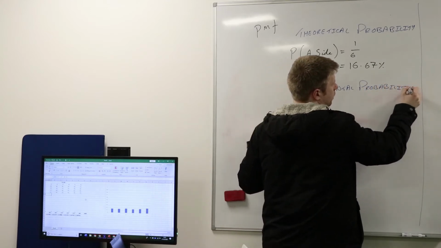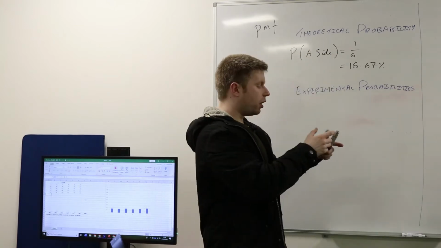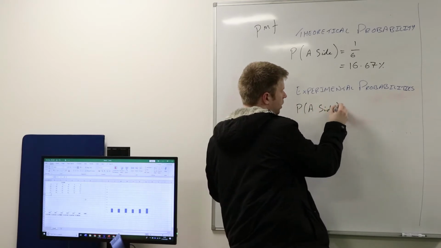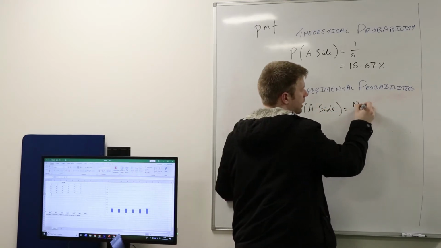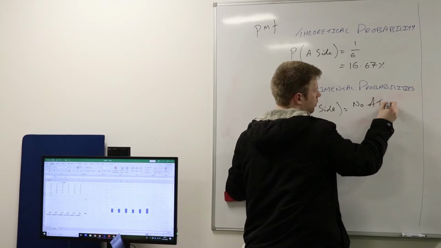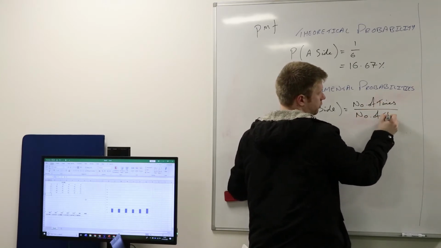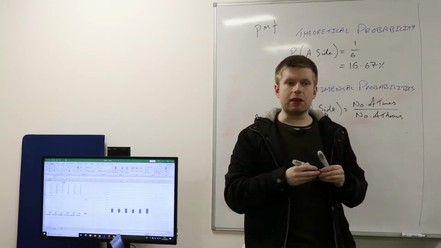Okay? And that is just simply worked out in the same kind of way. So we said, well, the probability of finding an outcome, so the probability of getting a side, should be the number of times that side came up divided by the total number of throws. Okay? So we did it through experiment.